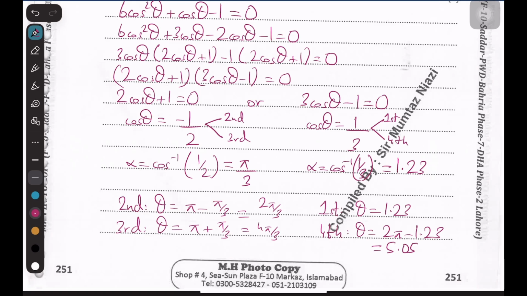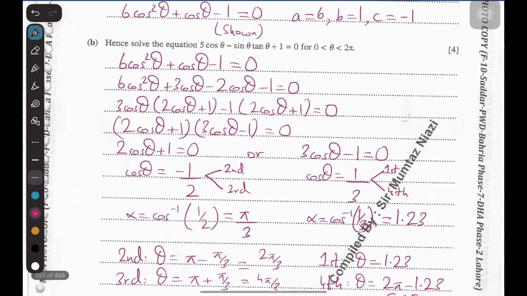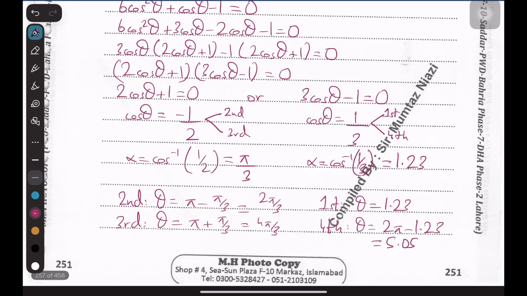So our answers will be 1.23, 2 pi upon 3, 4 pi upon 3, and 5.05.